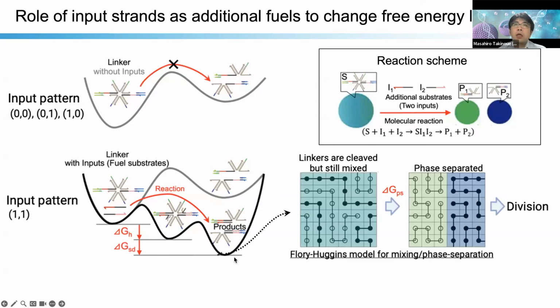After that, the DNA droplets phase separate by the phase separation of the two polymers, and then we have the two divided droplets like this. So in this case, the two inputs are not just inputs, but can be used as some kind of fuel.